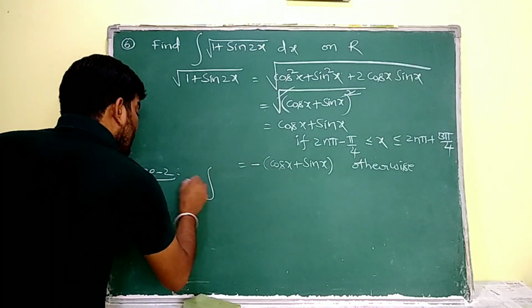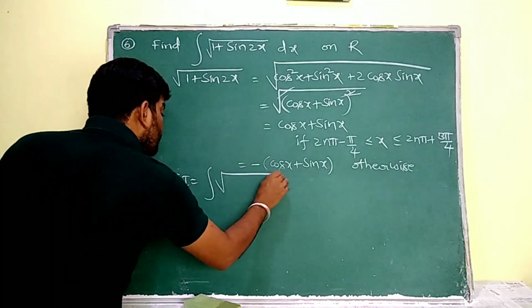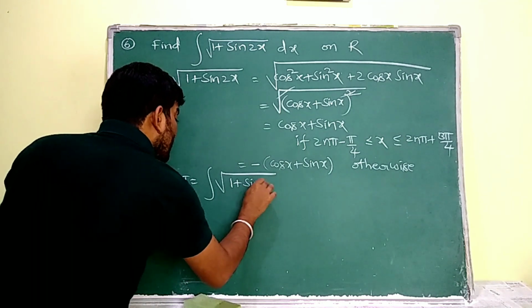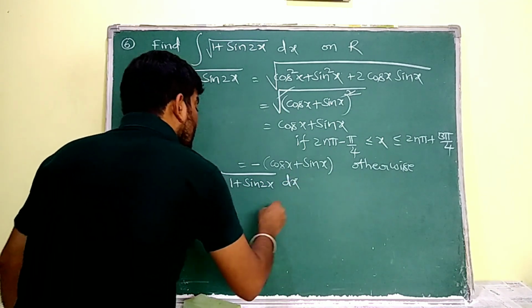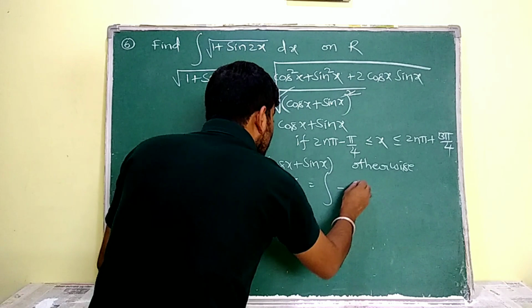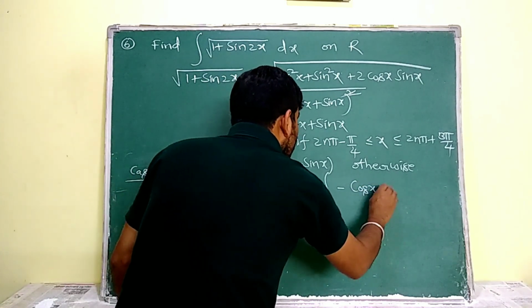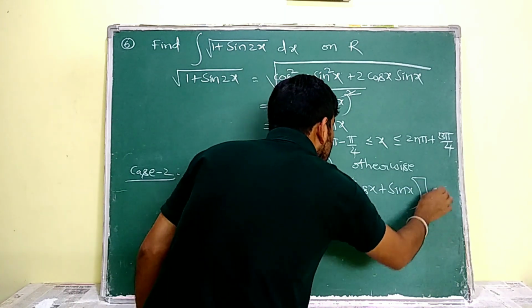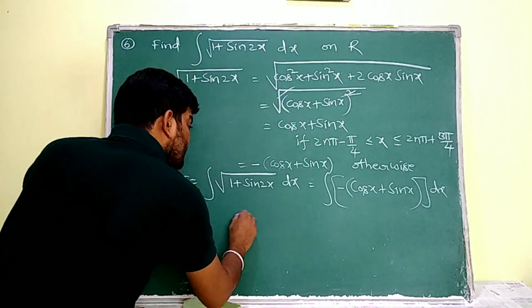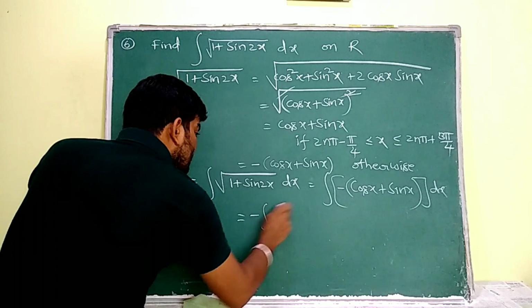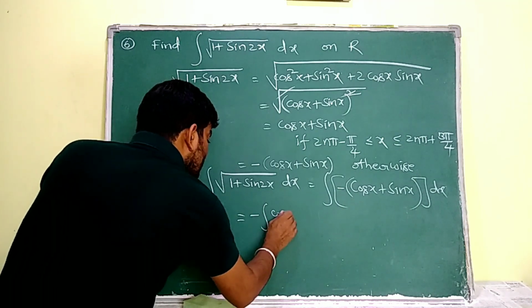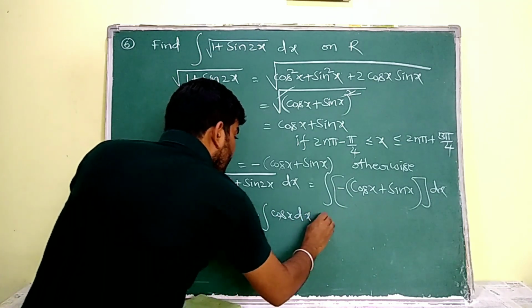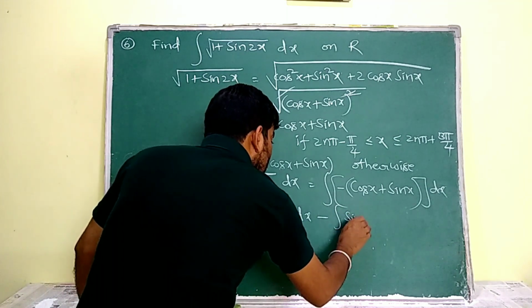In case 2, I is equal to the integral of root over 1 plus sin 2x dx. That means its value is expressed as minus of cos x plus sin x whole dx. Now I am going to write this into two integrals: integral of minus cos x dx, minus integral sin x dx.